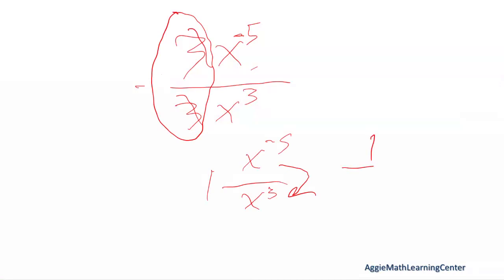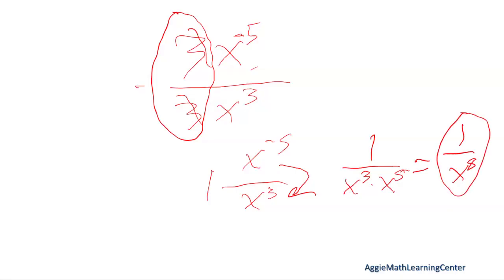So now we have 1 over x cubed times x to the 5th. And what's x cubed times x to the 5th? X to the 8. Yep, exactly. That makes sense? There's your answer.